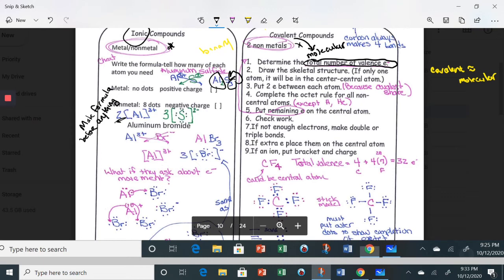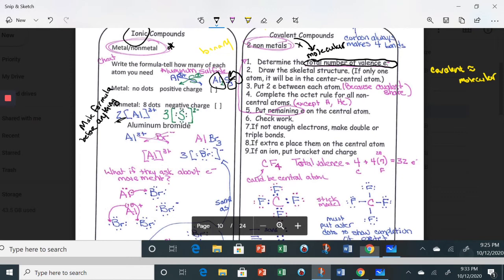Okay. Then you draw what we call a skeleton structure. It's going to depend on what's there. 2 atoms, you draw them side by side with a space in between. 3 atoms, you have to look and see, is any of them in the center? Like, is there one of one kind and 2 of another? Draw whatever's going to be in the center, and put the other surrounding it with spaces in between. 4 atoms and 5 atoms, the same thing.